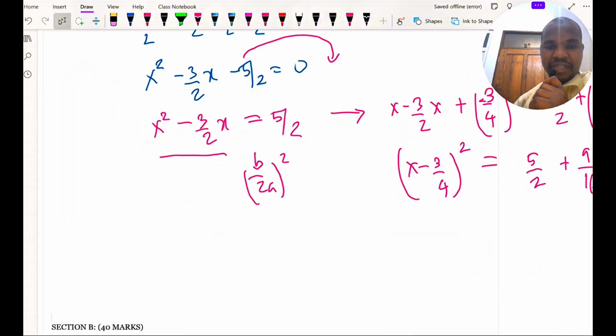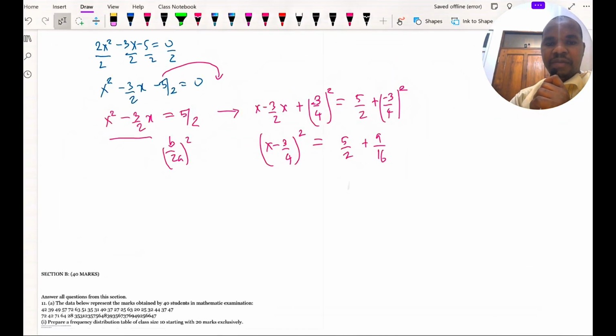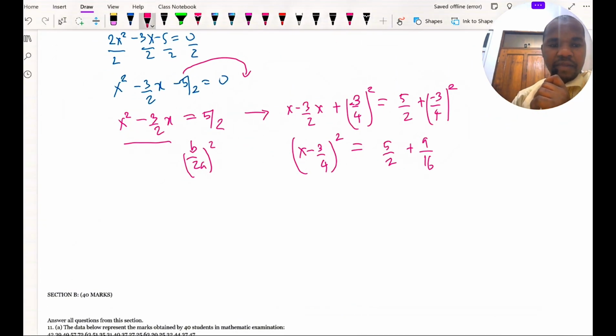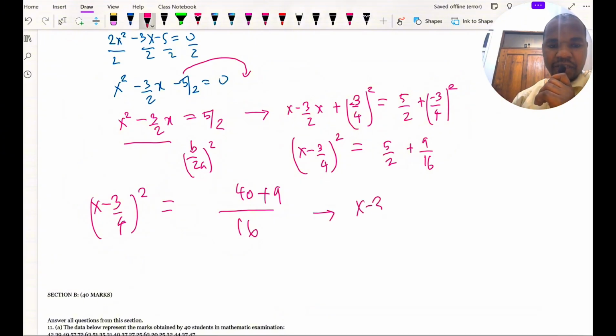Upon simplification, let us see what we are getting. So you'll be getting (x minus 3 over 4) square equal to, you have 16, so 16 divided by 2, 8 times 5, you get 40 plus 9, and we'll be having (x minus 3 over 4) square equals 49 over 16.